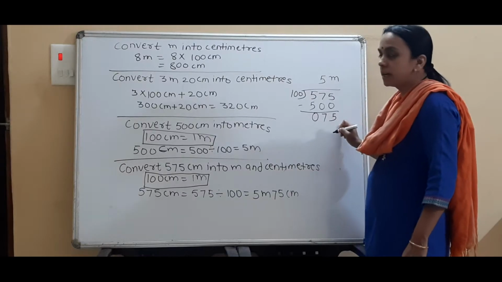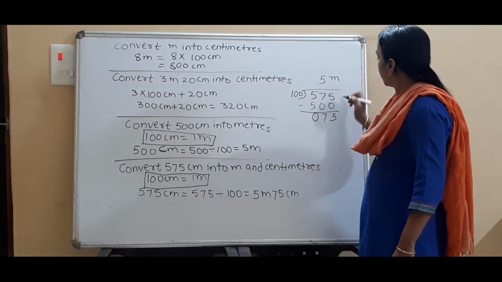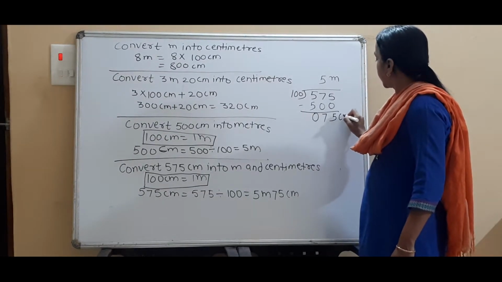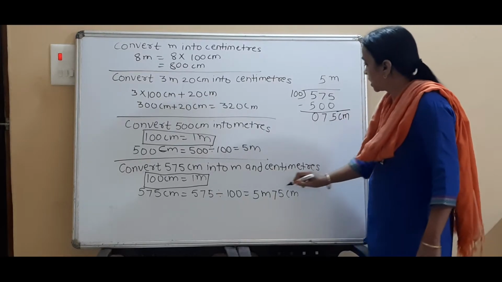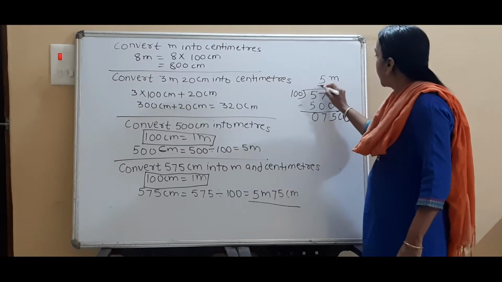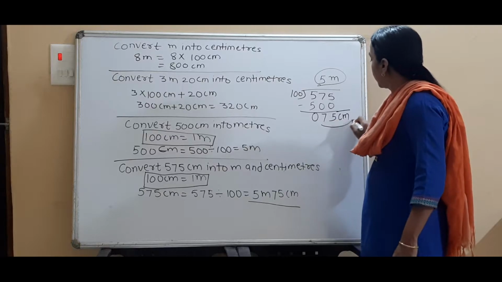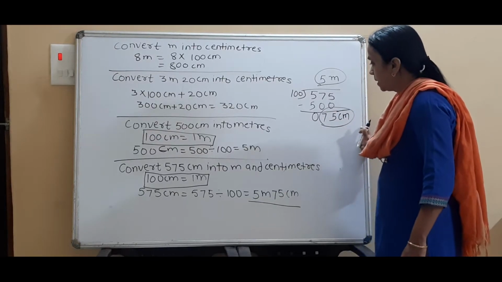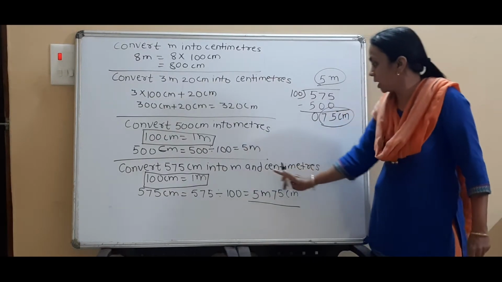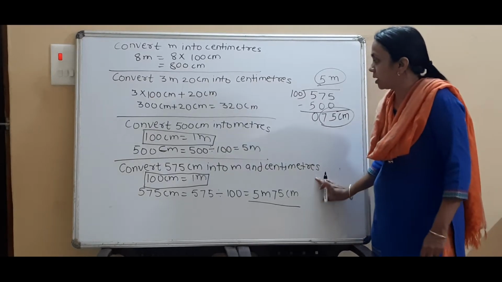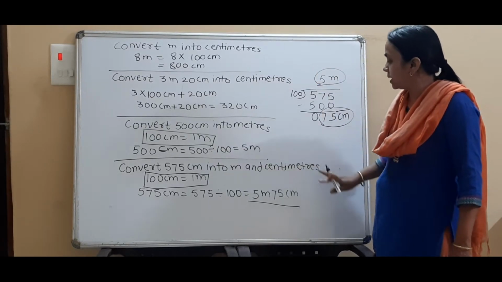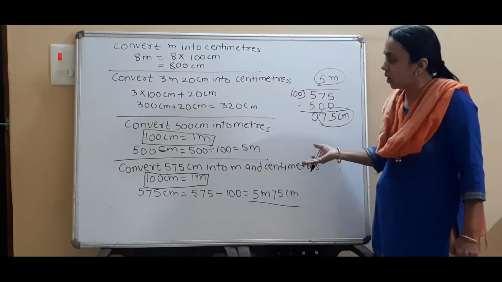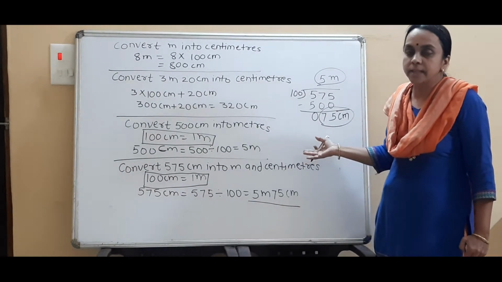And what is the remainder? 75. So that we have to consider as centimeter. So what is our answer? 5 meter and 75 centimeter. That is the conversion of meter into centimeter. So by using all these formulas, we will solve our next exercise.